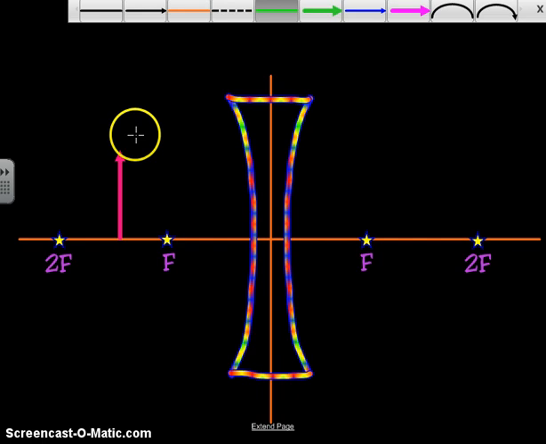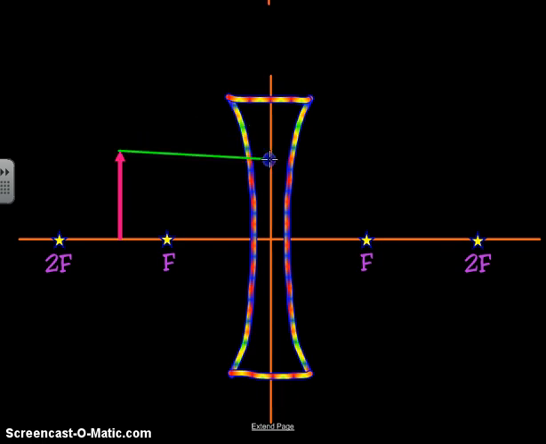The first line is always the same. We start off at the tip and we go straight across like so. But our second line here is different. It's different because unlike with convex lenses, concave lenses do not make the light converge.